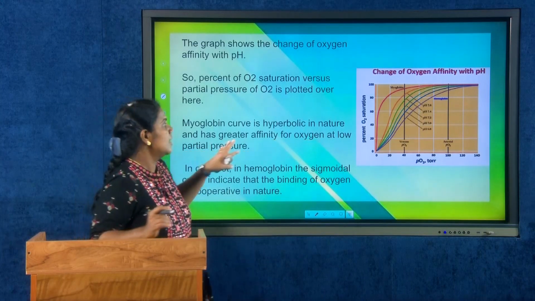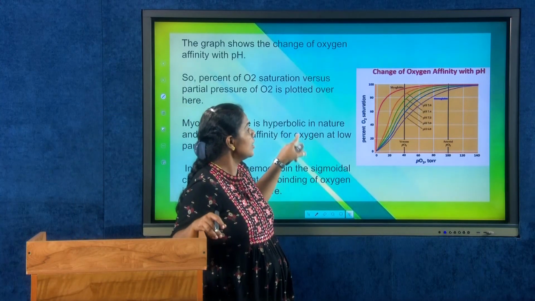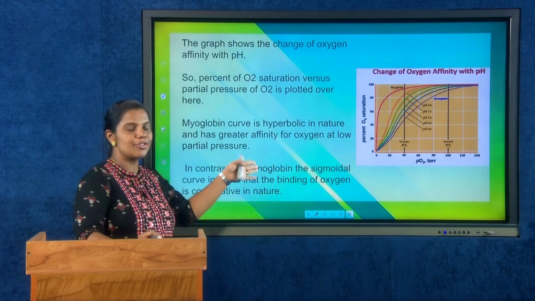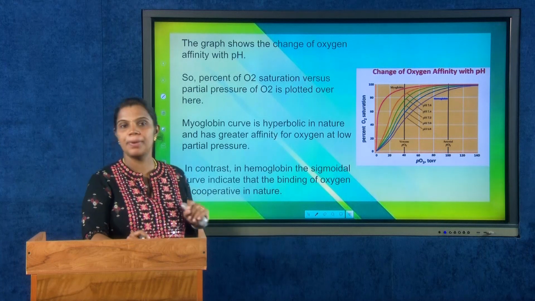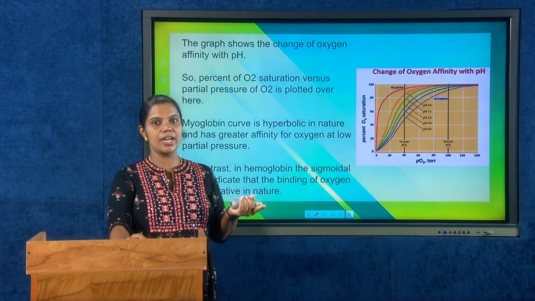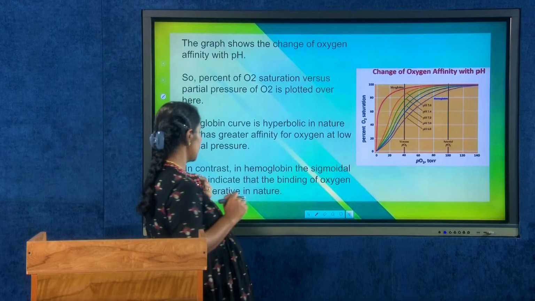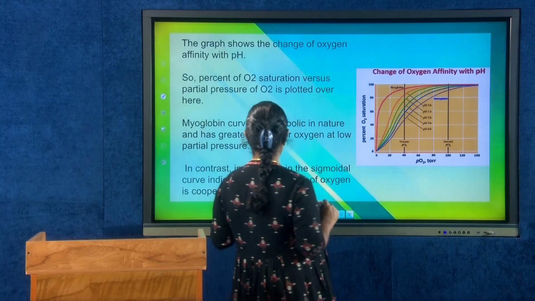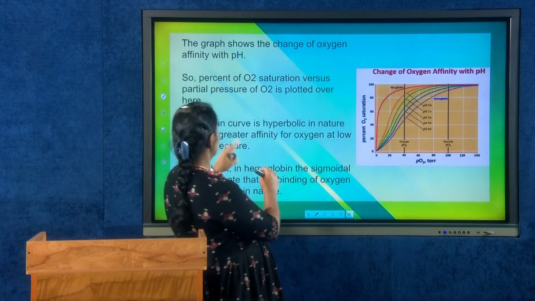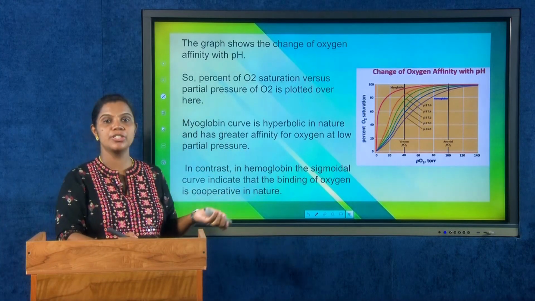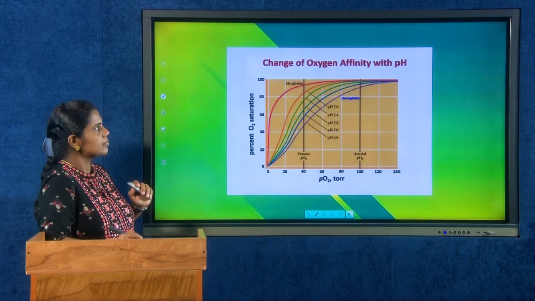In contrast, hemoglobin has a sigmoidal shaped curve. That means that it has greater affinity to oxygen at greater partial pressure of oxygen.